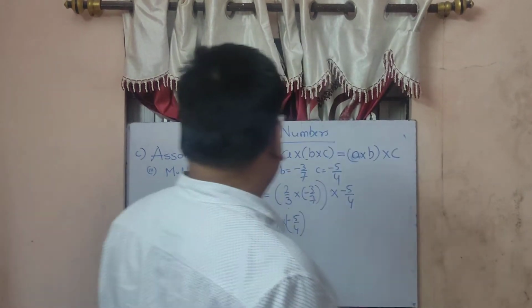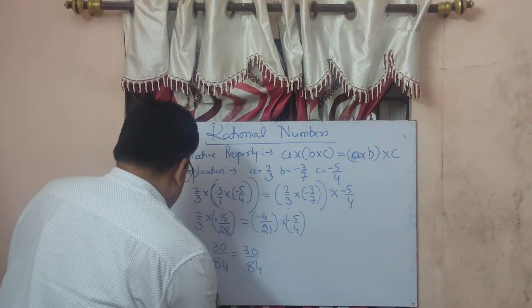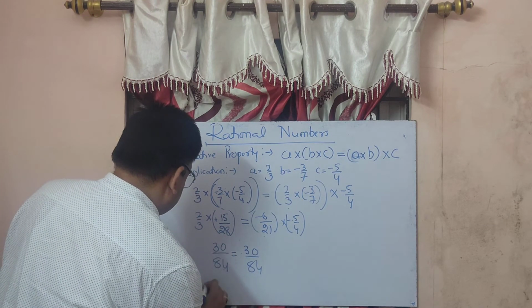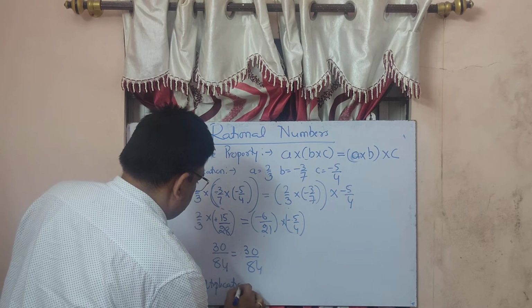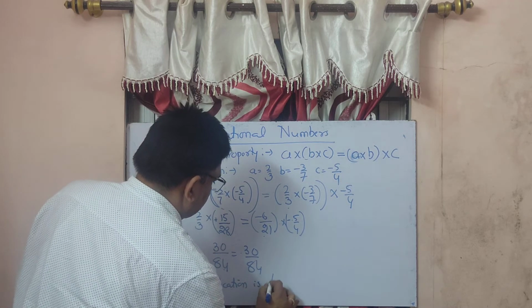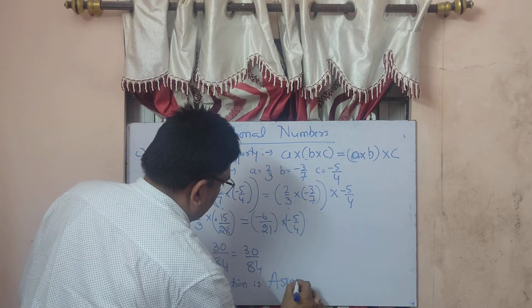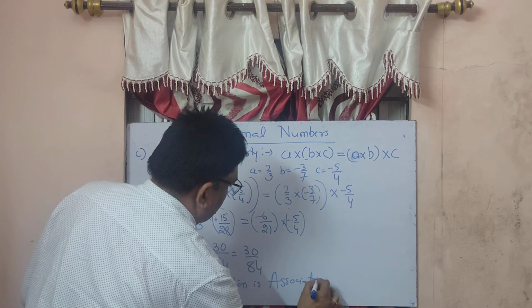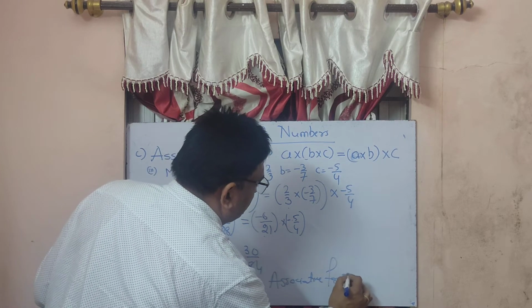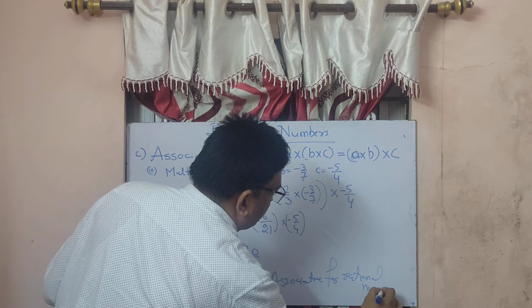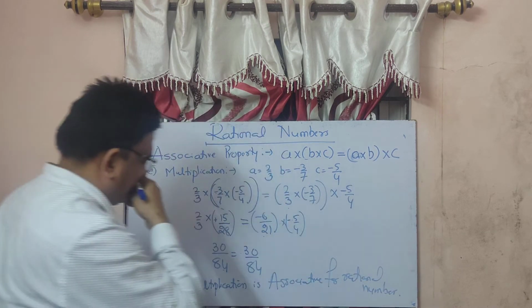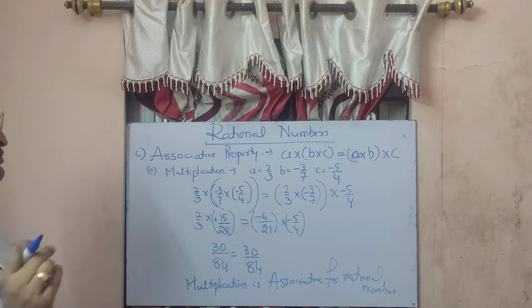You can write multiplication is associative for rational numbers.